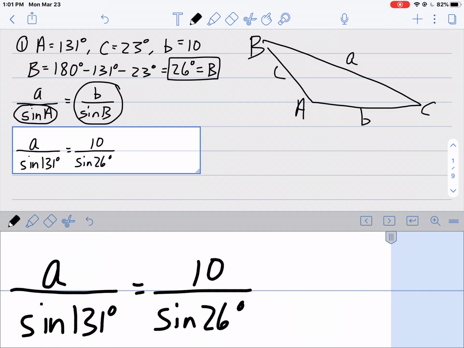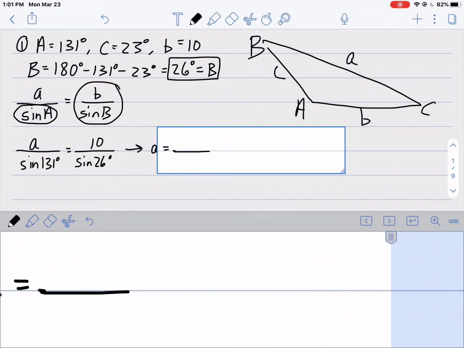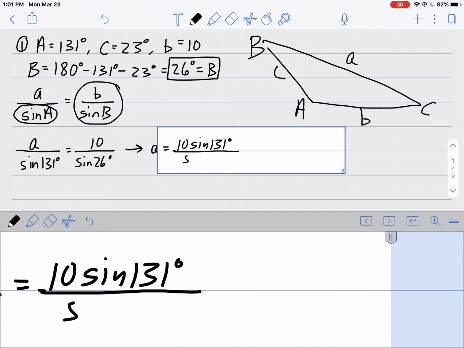And to solve this, I'm just going to multiply both sides by the sine of 131, so that I get the length of side A, solving for A, equal to 10 times the sine of 131 over the sine of 26 degrees. And then we'll just plug that into the calculator and do an approximation.